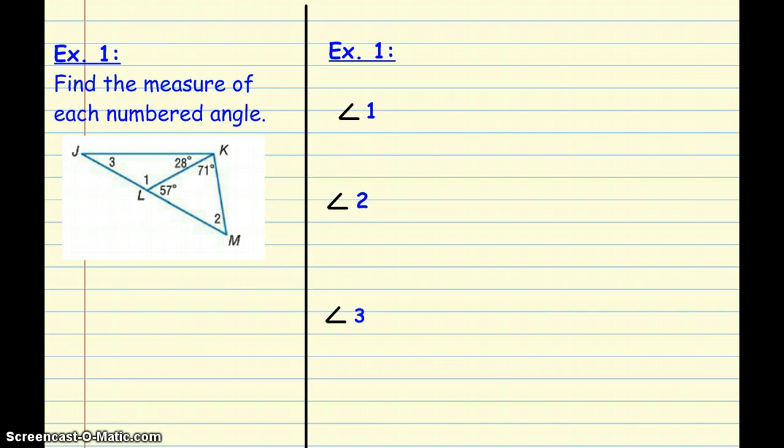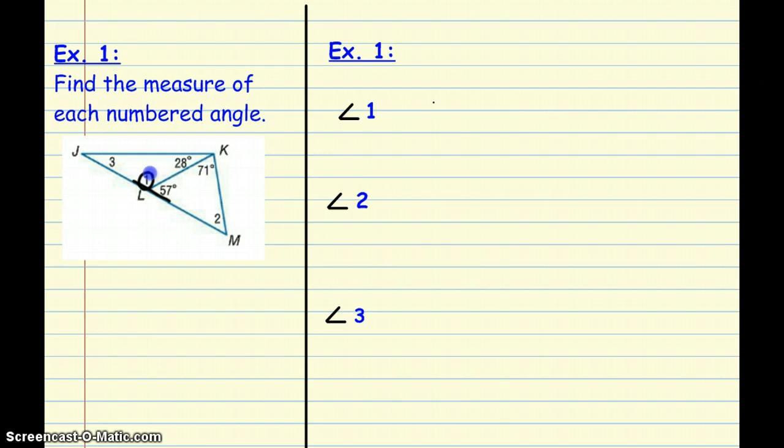So let's look at some examples. We're going to find the measure of each numbered angle. And I'm going to start with angle 1. As we look at it, angle 1 and this 57-degree angle form a straight line. What do we know about straight lines? They add up to 180 degrees.